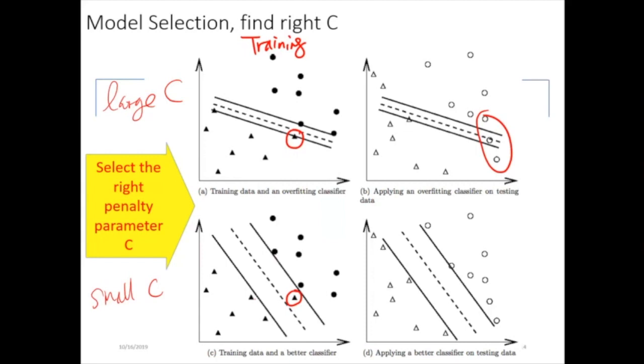I want smaller classification errors, but at the same time I want a good wide margin, because this actually guarantees, you can prove it, that it regularizes my model to behave better on future data. So balance the margin and the number of errors I'm making on training data. Okay, questions about this?